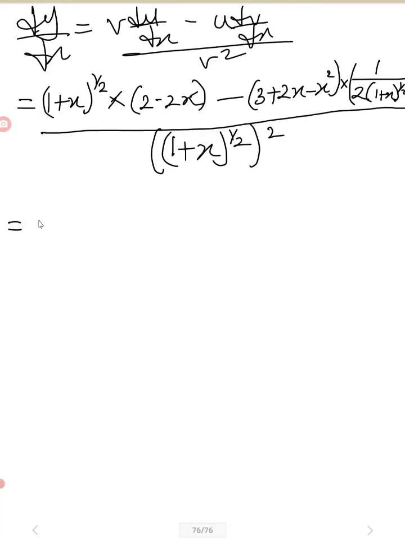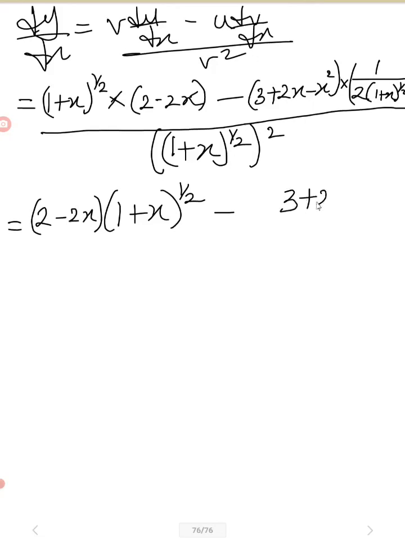Let's continue simplifying now, which we have 2 minus 2x onto 1 plus x onto half, now minus 3 plus 2x minus x squared over 2 onto 1 plus x all raised to power half.